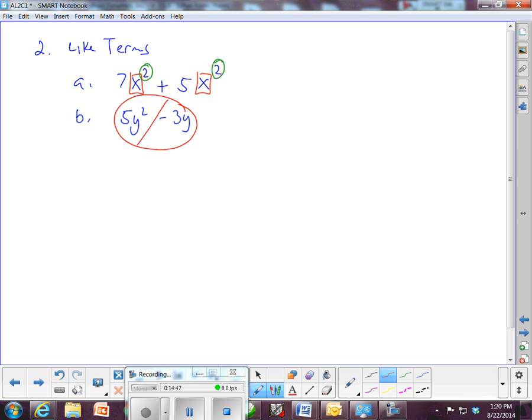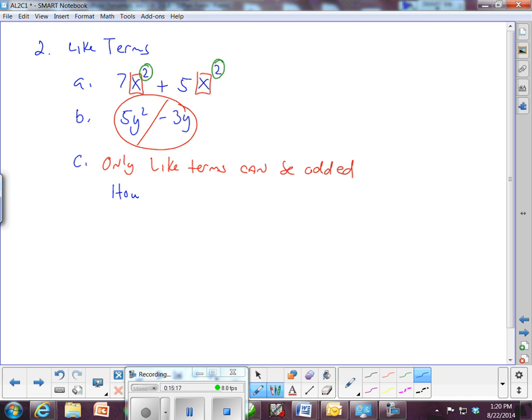So that brings us to C, and I'll write it in red. Only like terms can be added. If you want to include subtraction, feel free, but remember, subtraction is just adding of negative numbers.